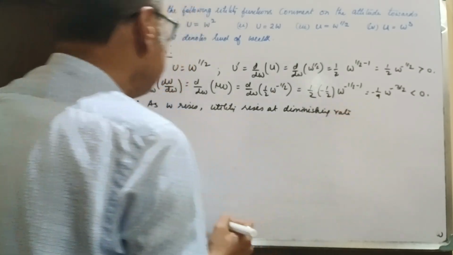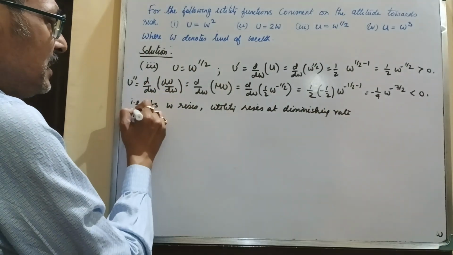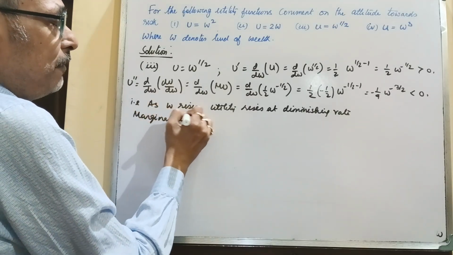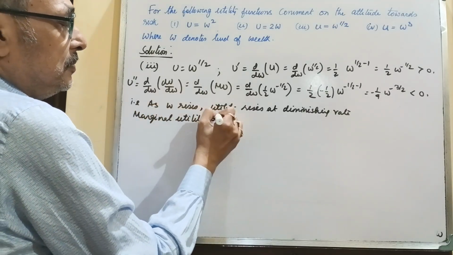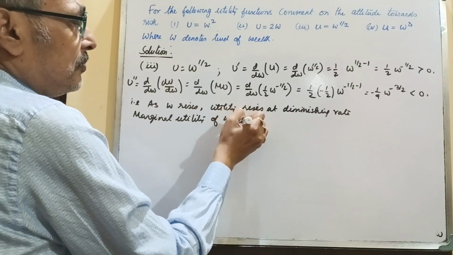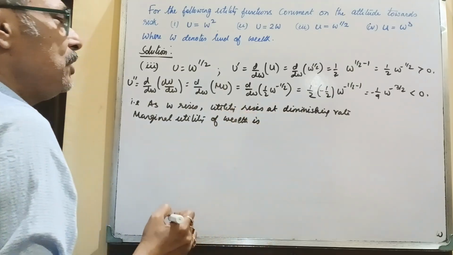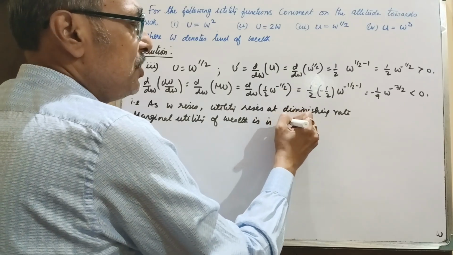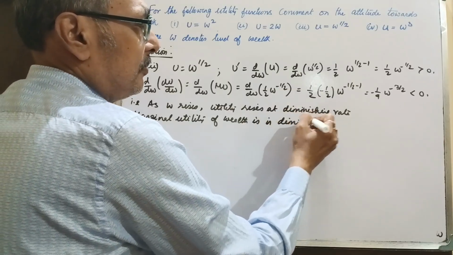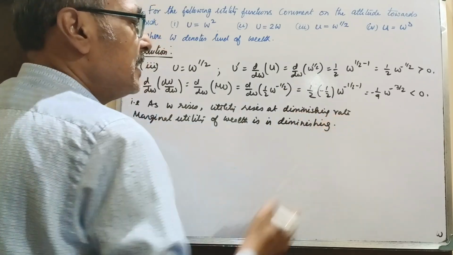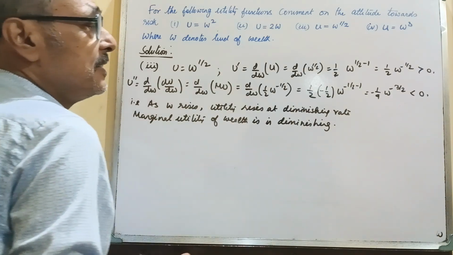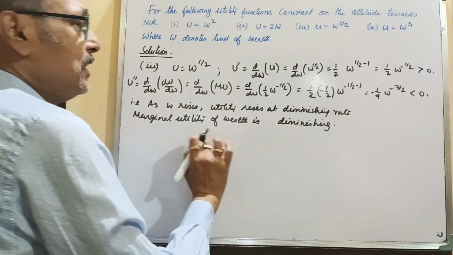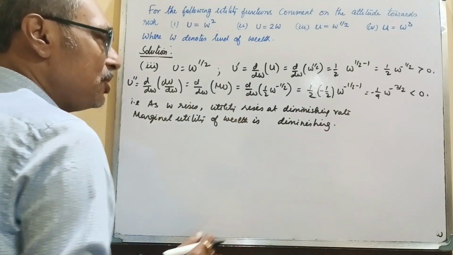That is, marginal utility of wealth is diminishing.